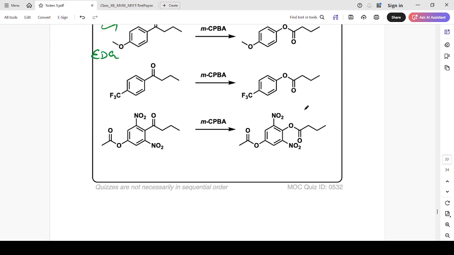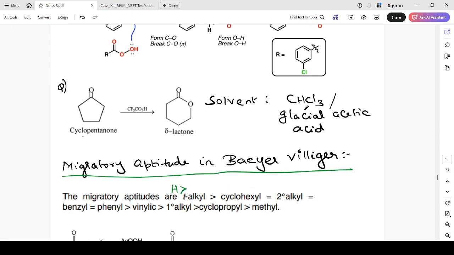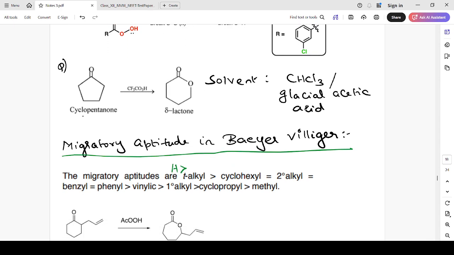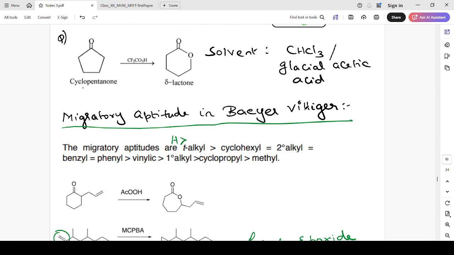Let's understand what kind of groups would migrate here. The migratory aptitudes are very similar to your pinacol-pinacolone rearrangement. So we have hydrogen at first, followed by tertiary alkyl groups, bulky plus I effect groups.